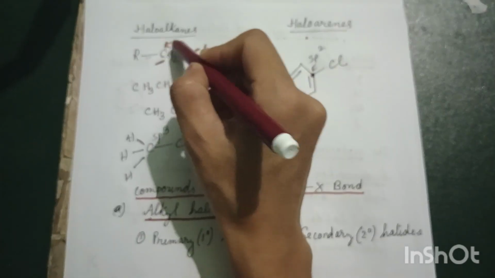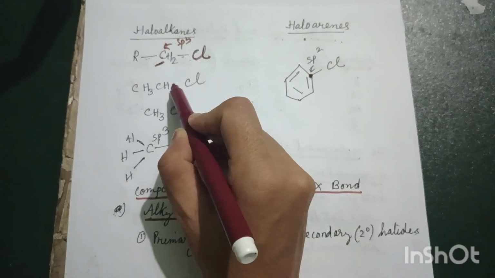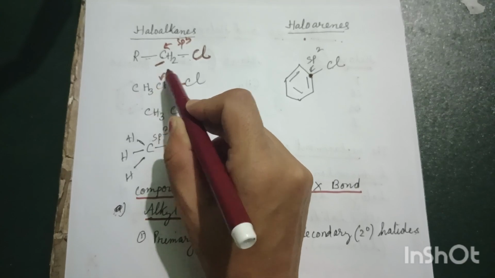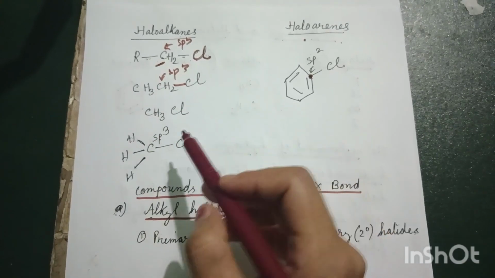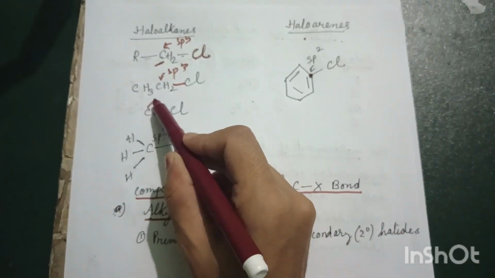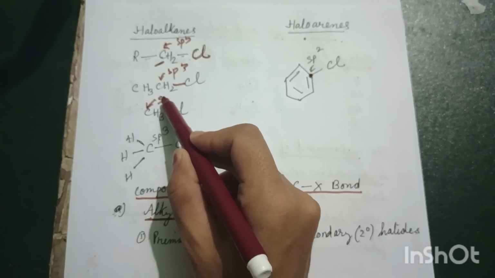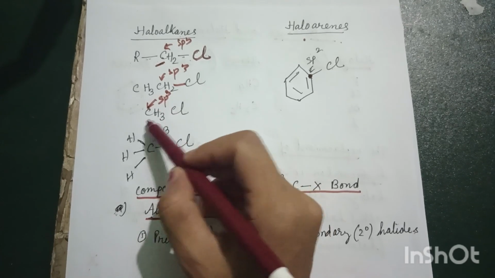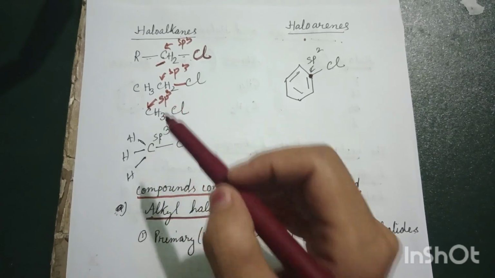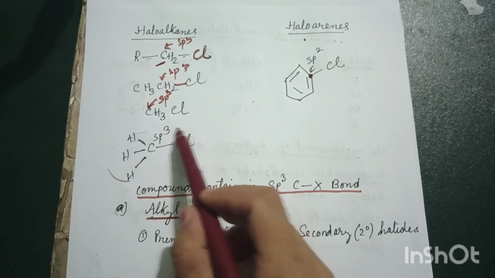So the directly connected carbon is sp3 because all are single bonds, there is no double bond in this carbon. I have shown it here in order to understand well.